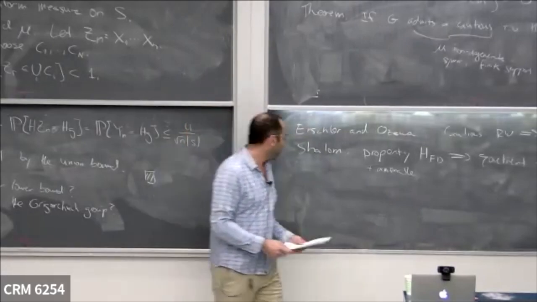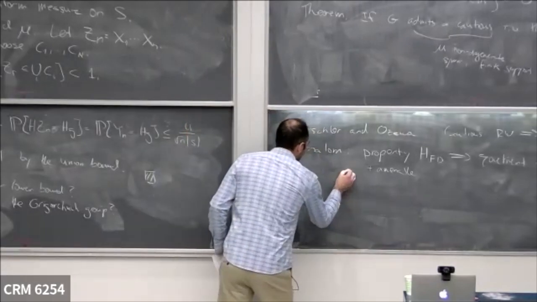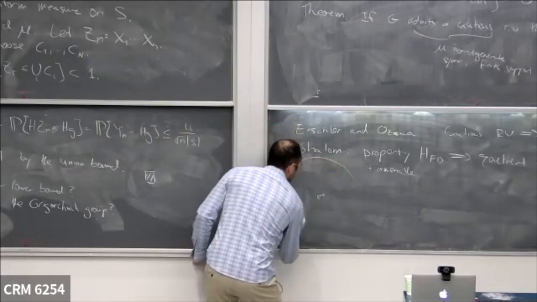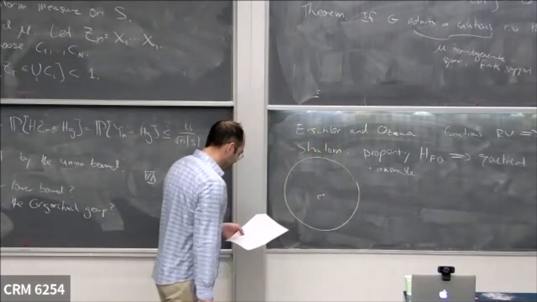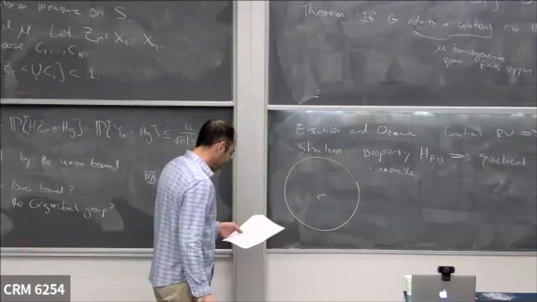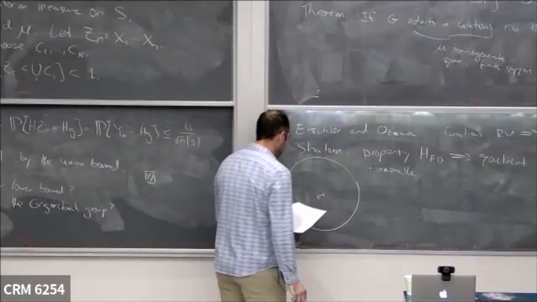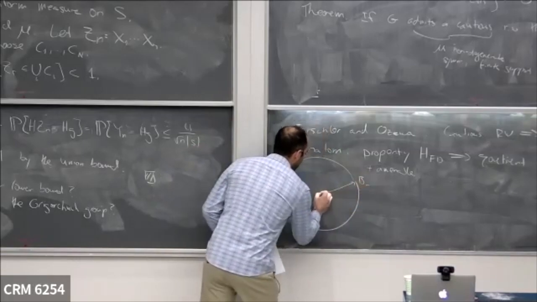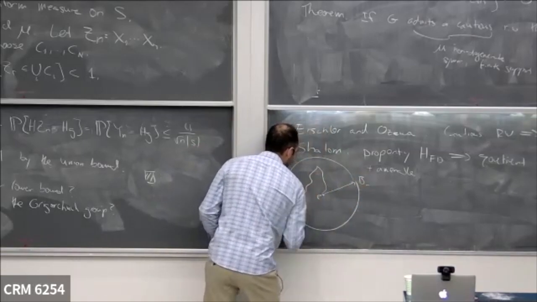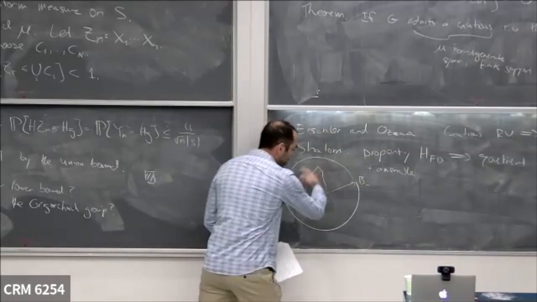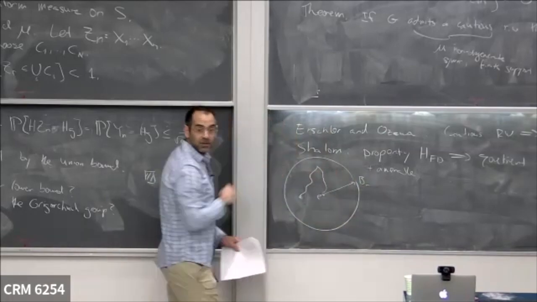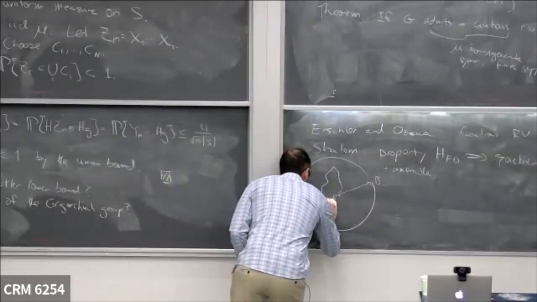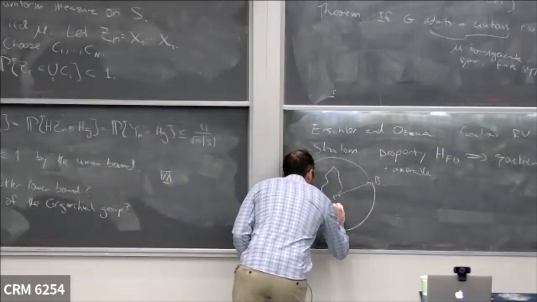Remember we had our group, and we had our ball of radius R, and we did our random walk for R steps, and we showed that it doesn't intersect these cosets of infinite index. Now we're going to do a random walk for R squared steps.